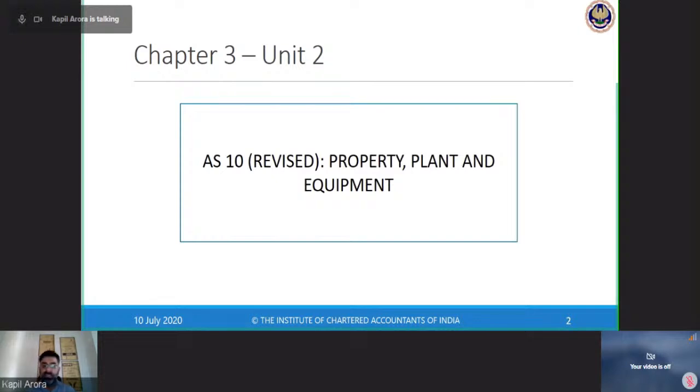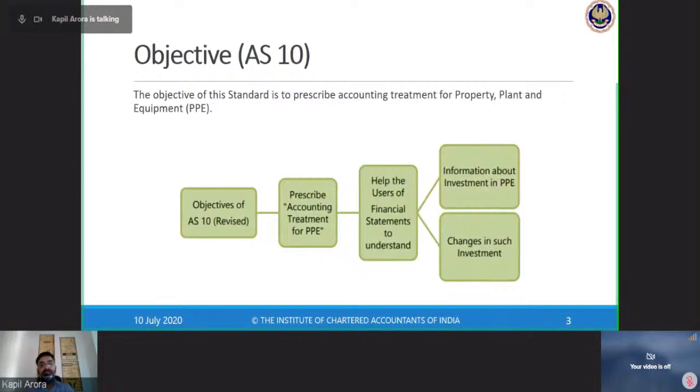So let's look at what we are going to cover in this. This standard talks about the accounting treatment for all the property, plant and equipment. When I say all the property, plant and equipment, what property, plant and equipment is, that's something which we need to understand.